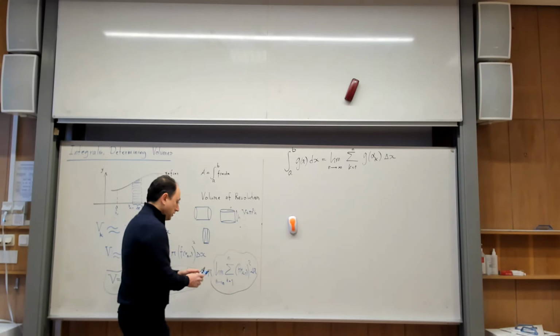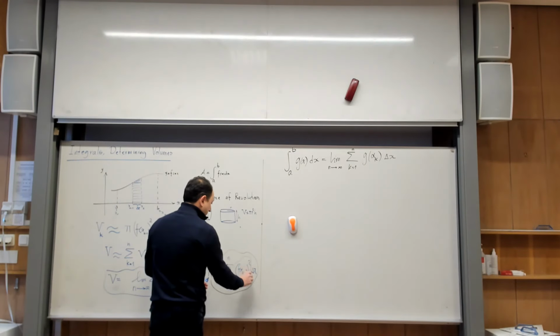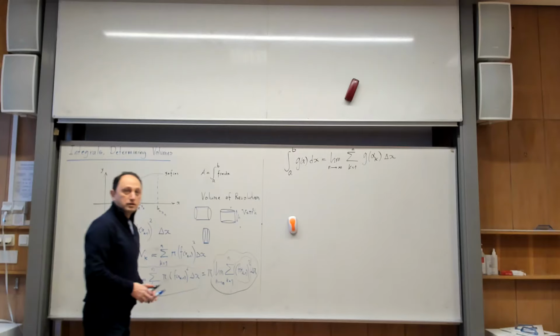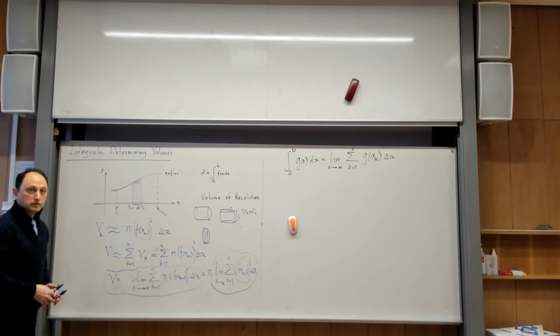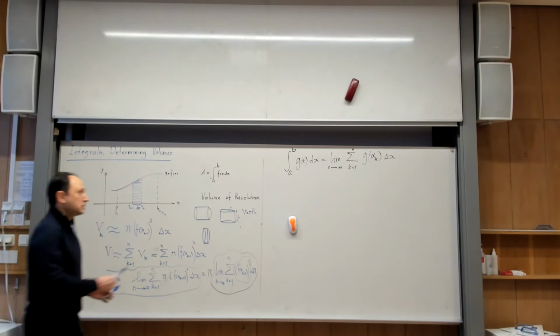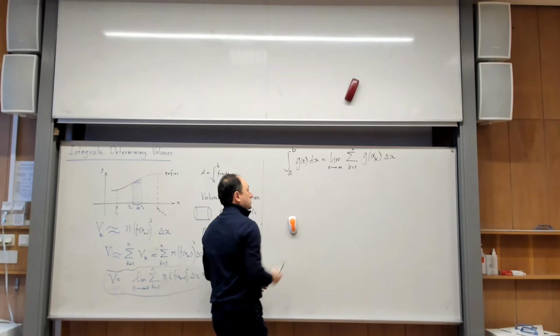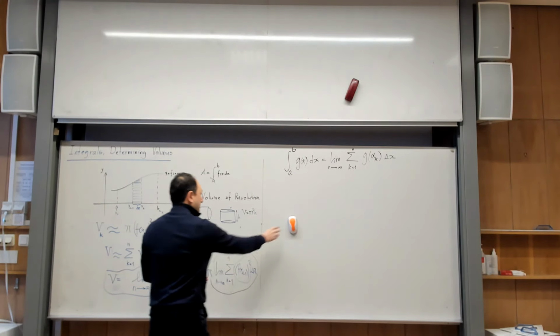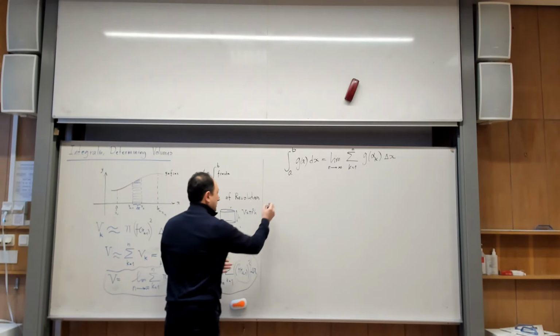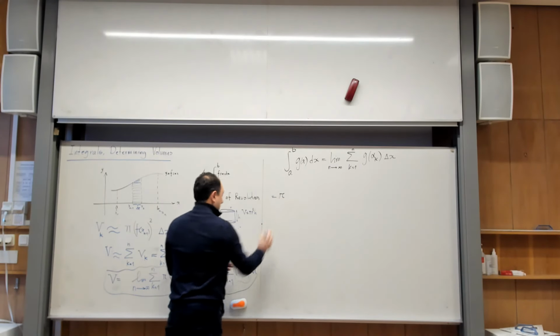So this part apparently is playing the role of g of x. Is that clear? Because this limit becomes the integral from a to b of g of x, can you tell me what will happen here? This becomes equal to pi.